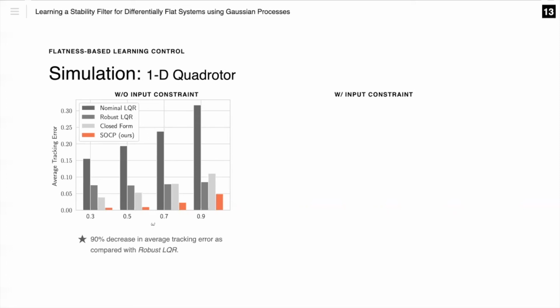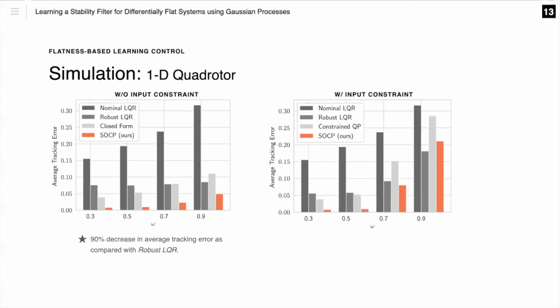And what we see is that without input constraints, our proposed approach has a 90% decrease in average tracking error as compared with the robust LQR approach. And when we compare the case with input constraints, we see that our proposed approach outperforms related approaches when the trajectory is feasible for the given input.